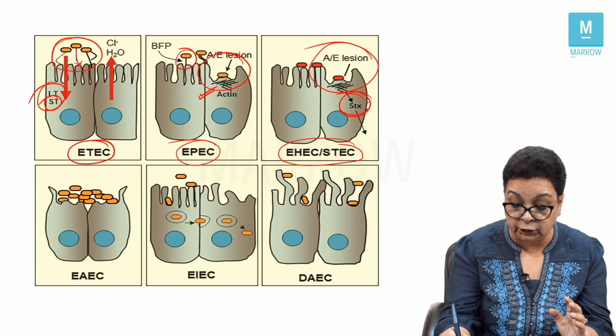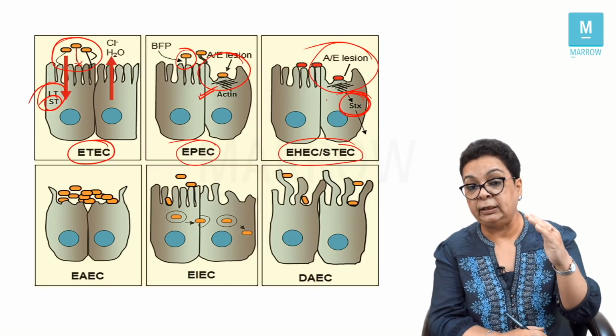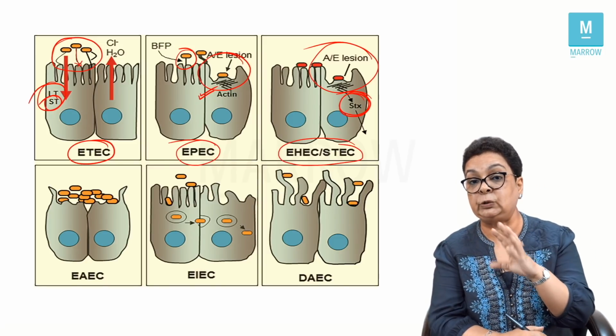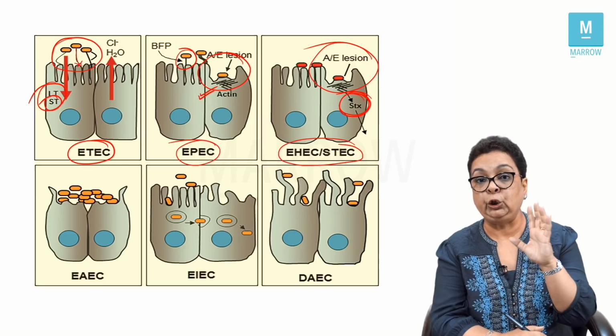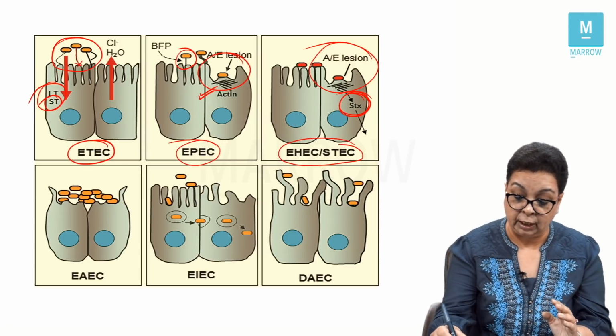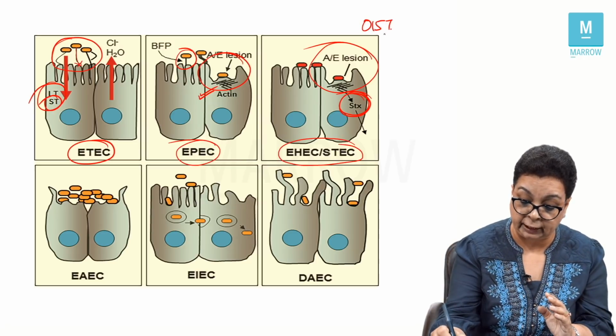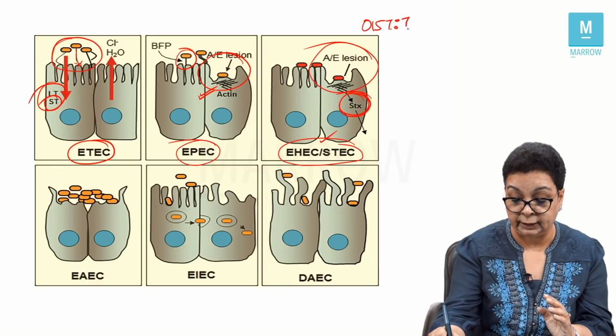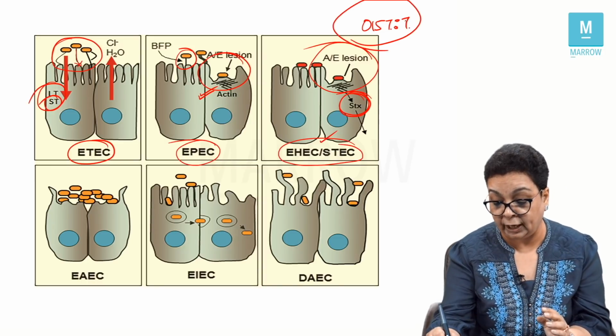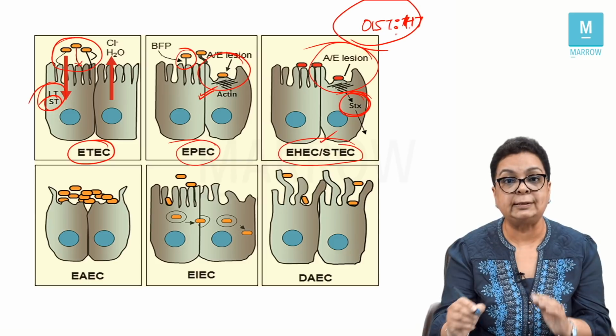When this Shiga toxin disseminates via the blood, it causes hemolytic uremic syndrome. A very important serotype of enterohemorrhagic E. coli is E. coli O157:H7, right?